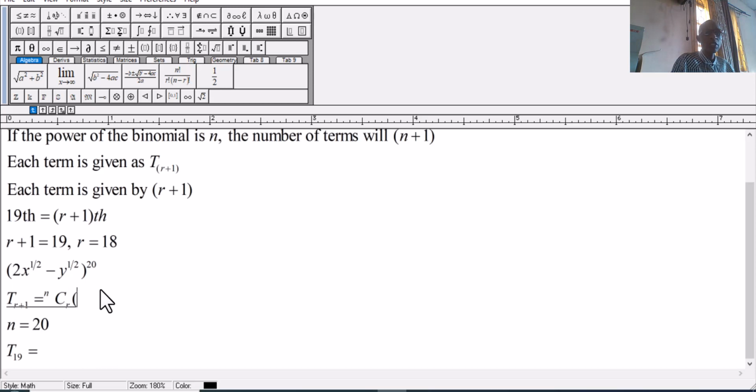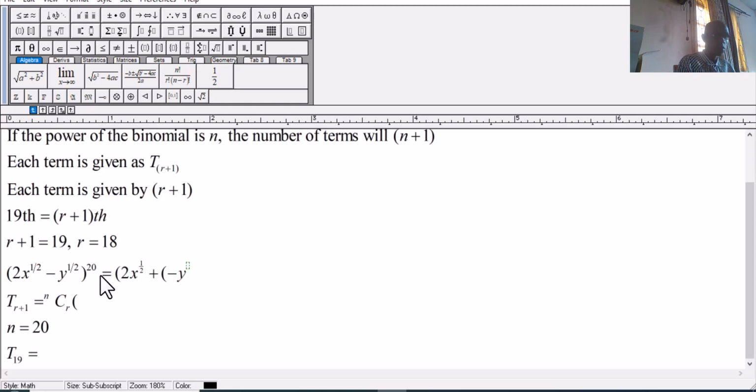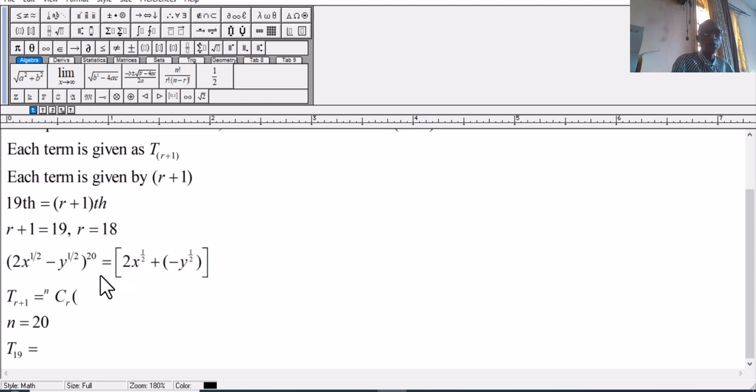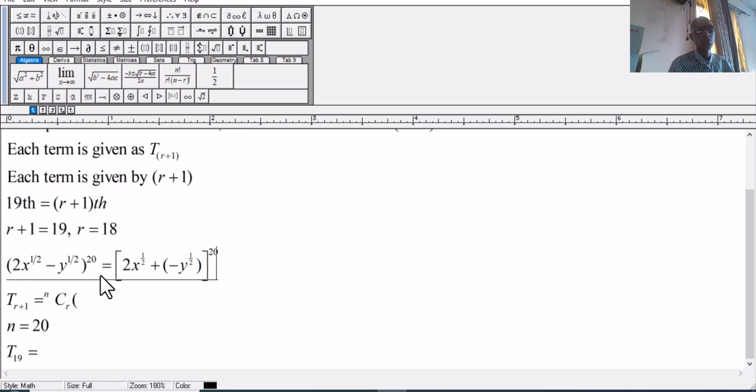So now I can rewrite the binomial as (2x^(1/2) plus (-y)^(1/2)), all raised to the power of 20.